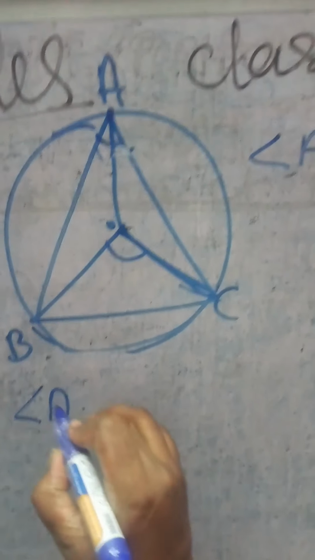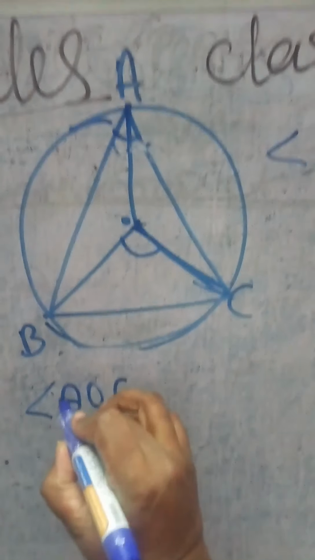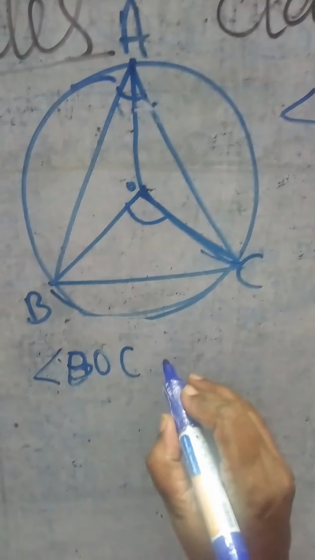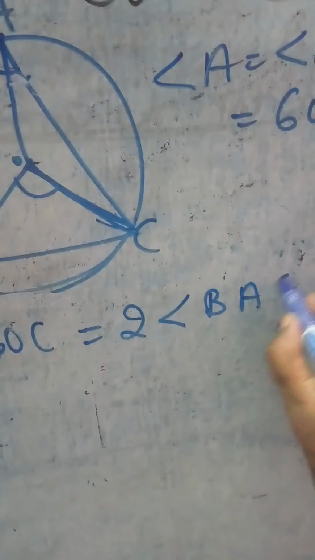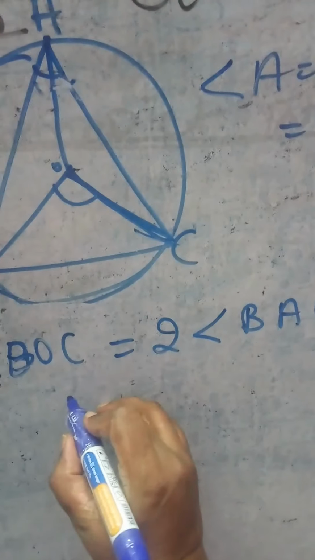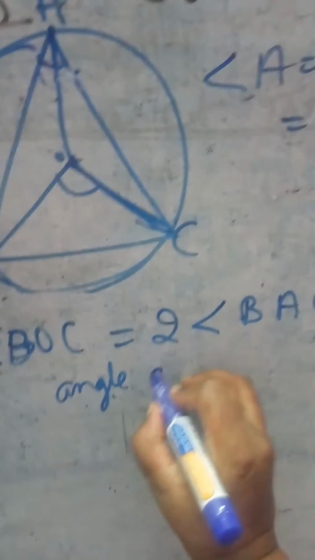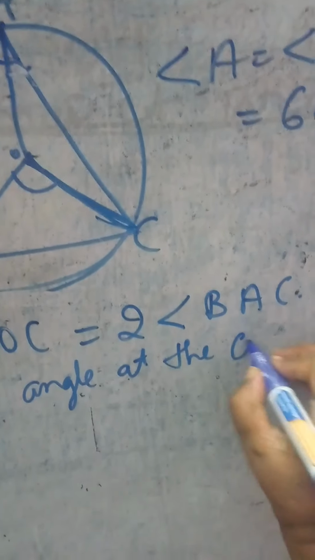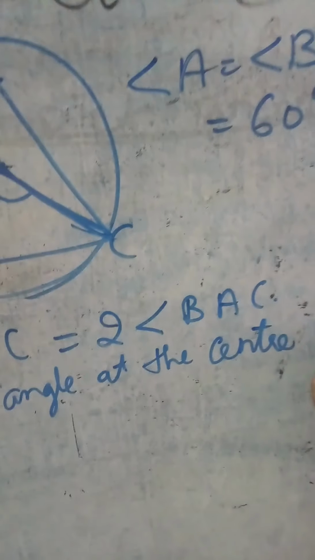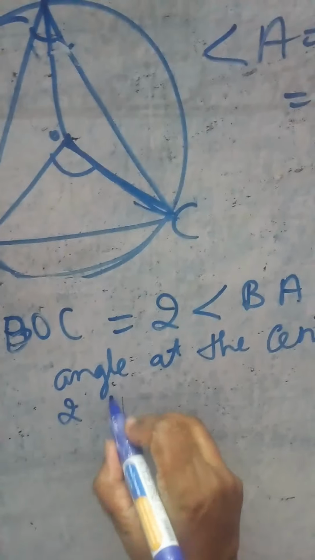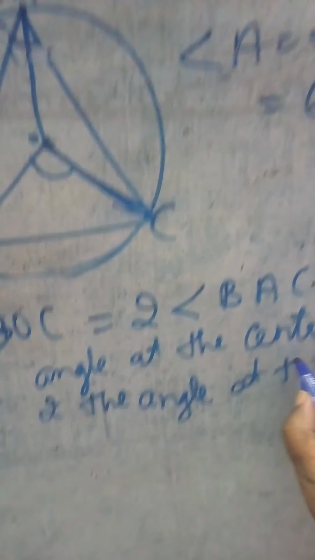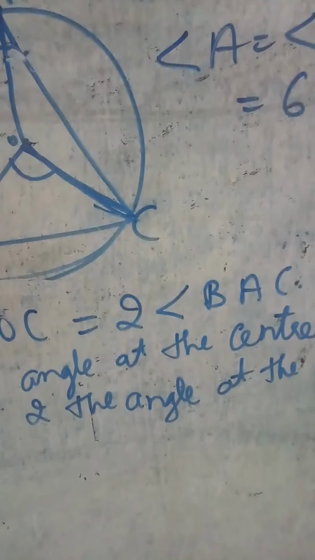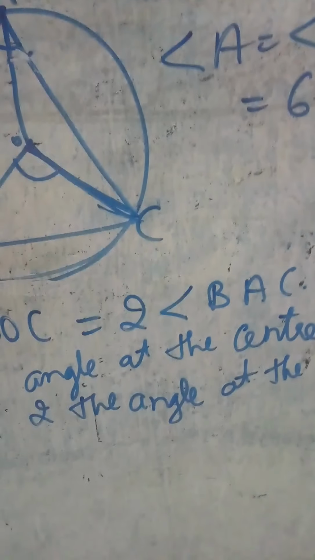Angle BOC will be twice angle BAC. This is the angle at the center, which is twice the angle at the circumference.